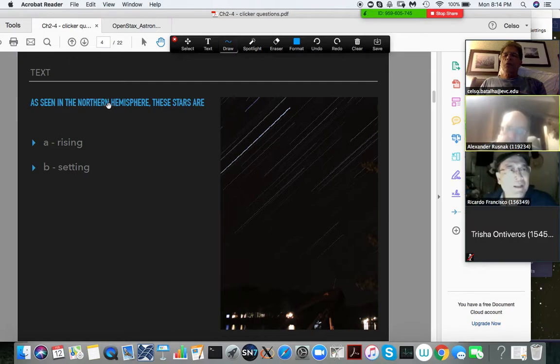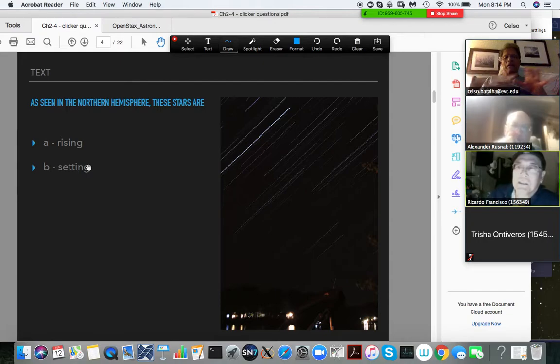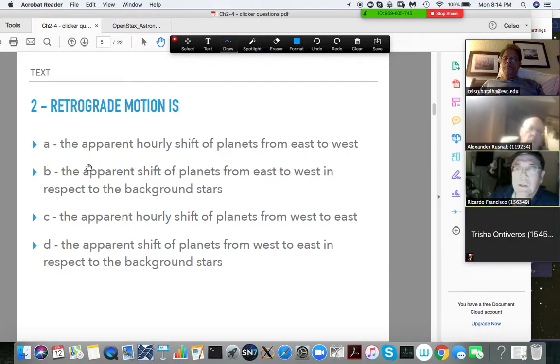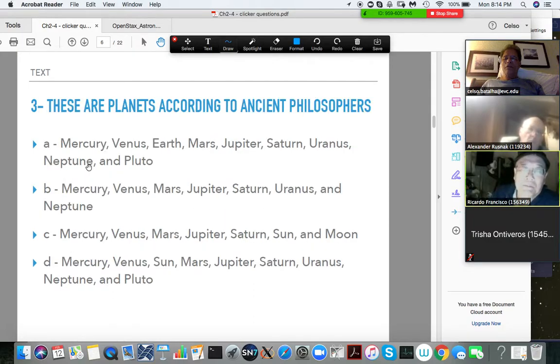I see from the Northern Hemisphere, facing south, these stars are rising or setting. Rising in the east. They are rising. So the east is on our left-hand side. So if we are facing south, we see these stars pretty much rising. Setting in the west, correct.